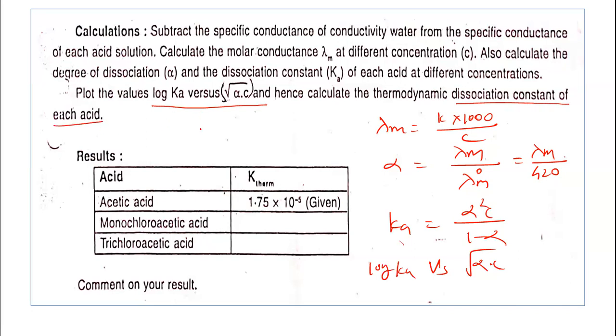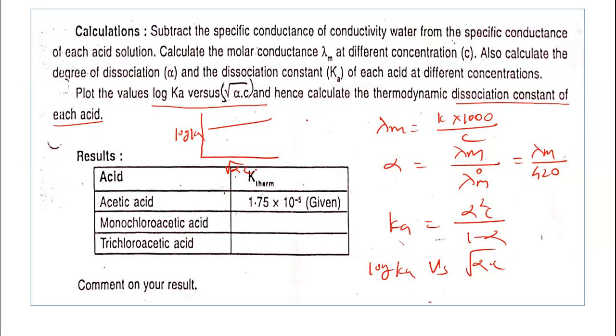The nature of the graph, I think, will be like this. Log of K value should be on one axis, and on the y-axis we have to take the square root of alpha into C. So we can determine the dissociation constant value K from the graph.